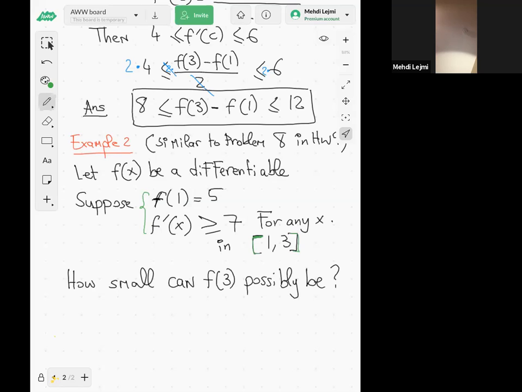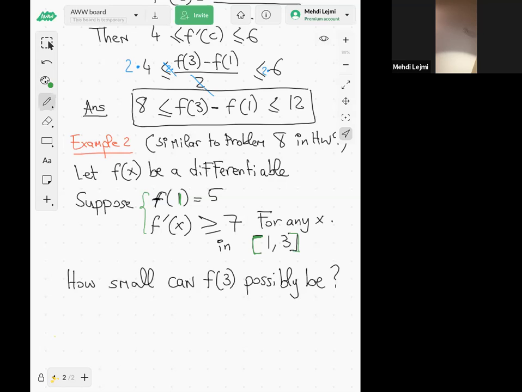You know that f of 1 is 5, and you know that the derivative is always larger or equal to 7. So you want to find a lower bound for f of 3, to estimate f of 3. So the question is, how small can f of 3 possibly be?